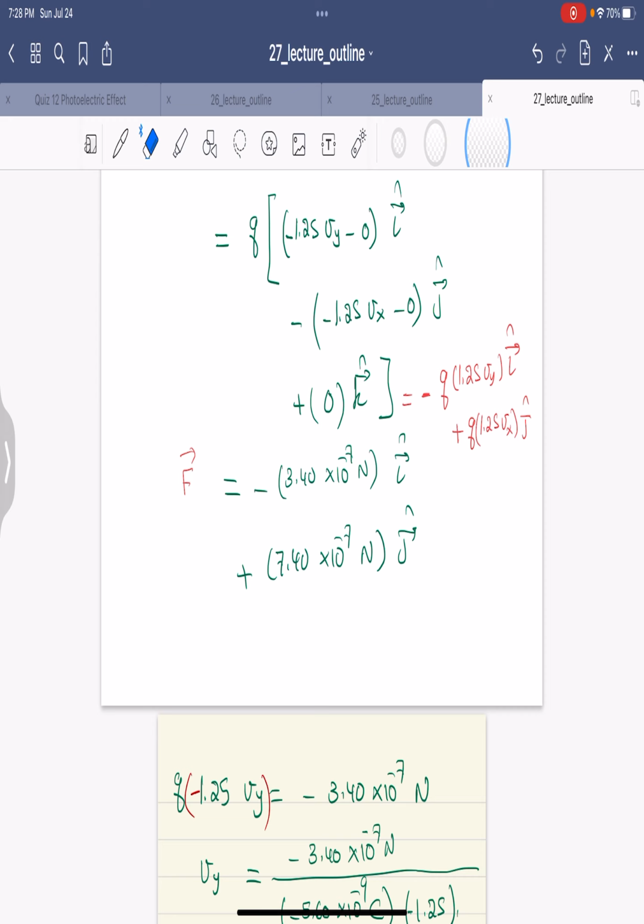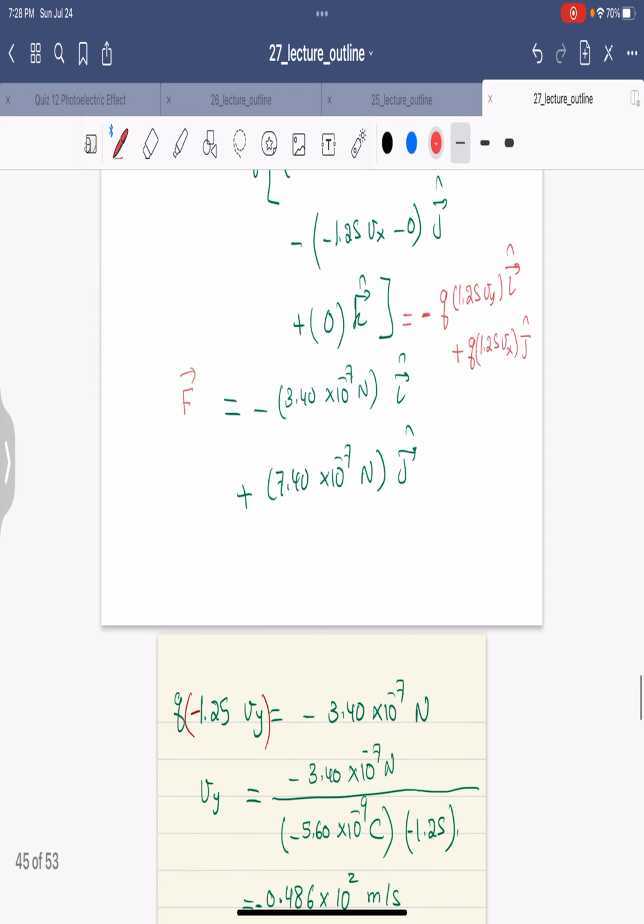And then when you compare these together, you're gonna find that Q times negative 1.25 Vy equals negative 3.4 times 10 to the negative 7.